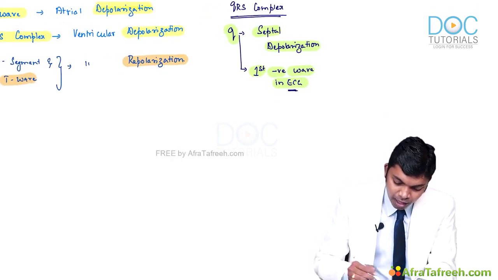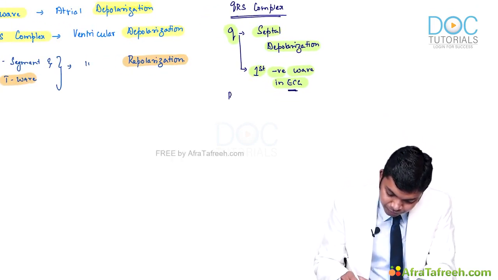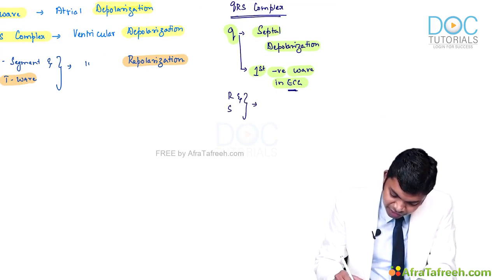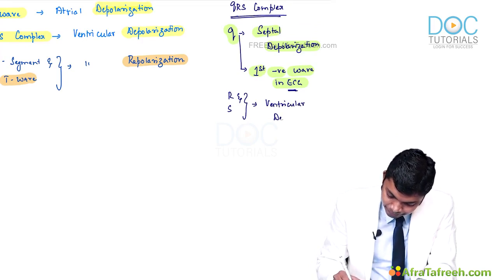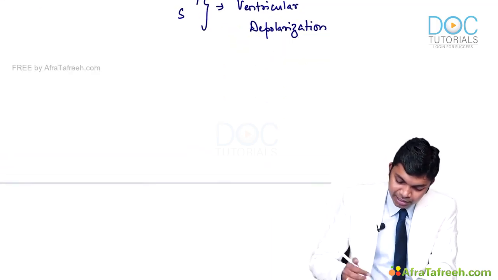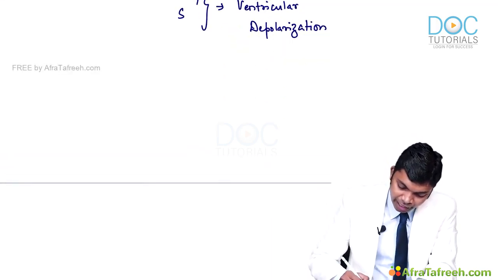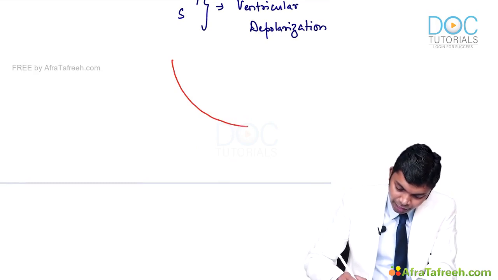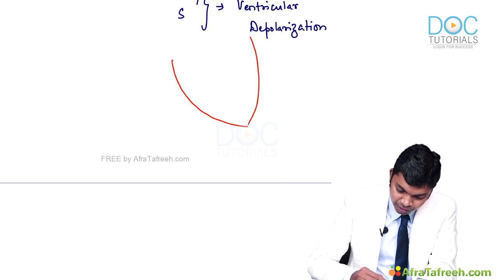Okay. Now R and S morphology. Both these waves indicate ventricular depolarization. Say, for example, we have the right ventricle and left ventricle, doctors. Left ventricle is quite thick, we know that, right?